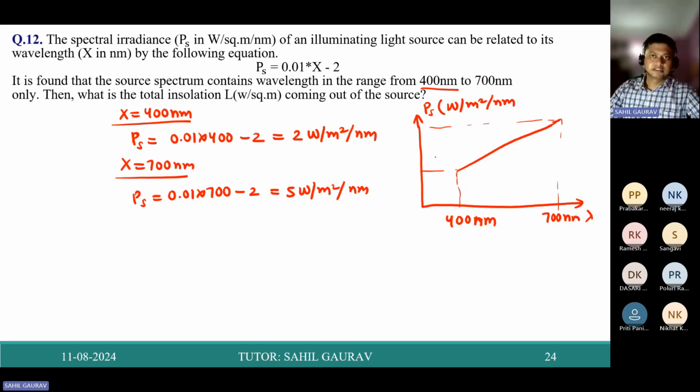This is 2 watt per meter square per nanometer and 5 watt per meter square per nanometer. We have to find the insolation.